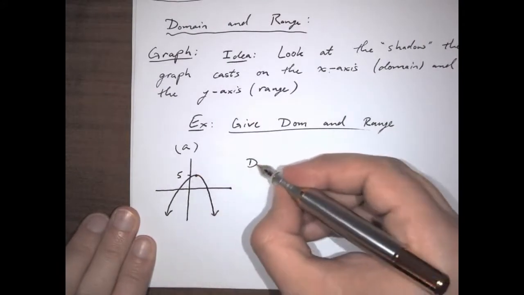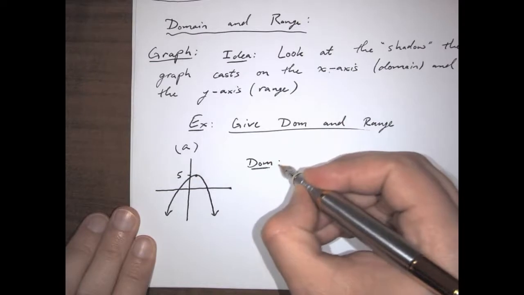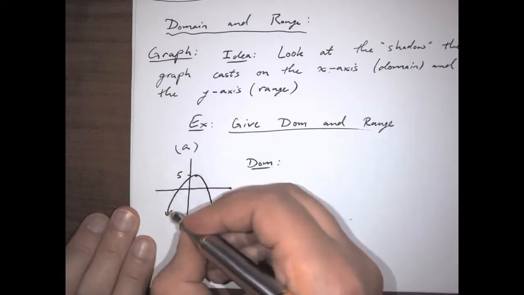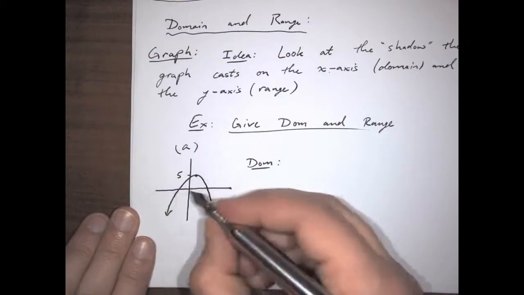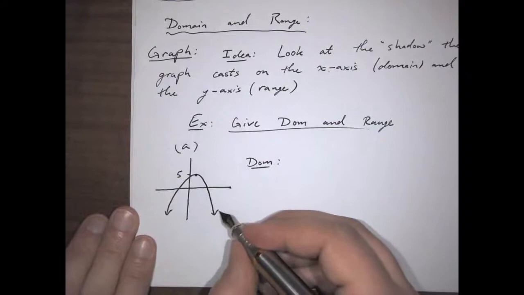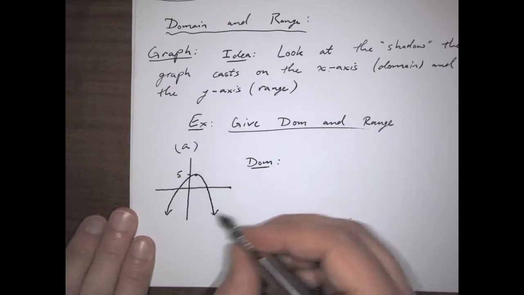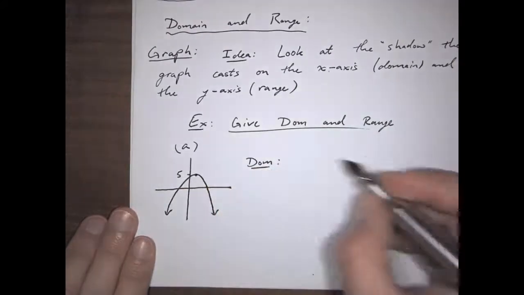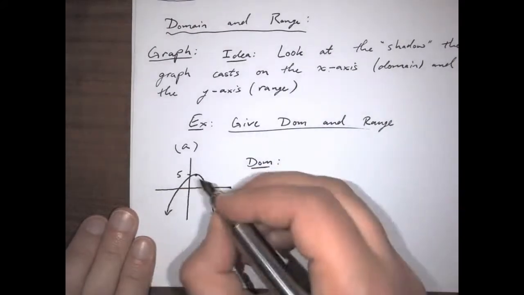Looking at this, for the domain, because of this arrow, that indicates that the graph is supposed to continue doing whatever it's doing all the way to the left. This arrow indicates that the graph is supposed to continue all the way to the right. And so here, the entire x-axis is represented on the graph.